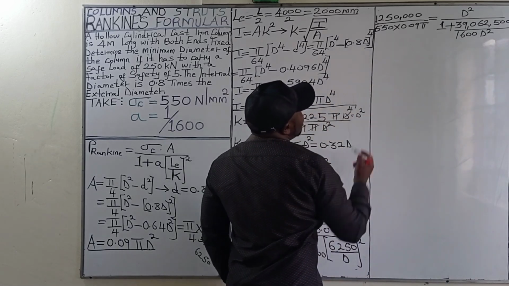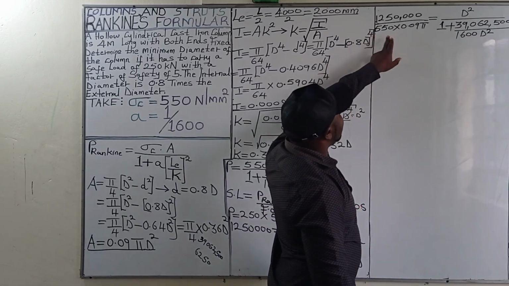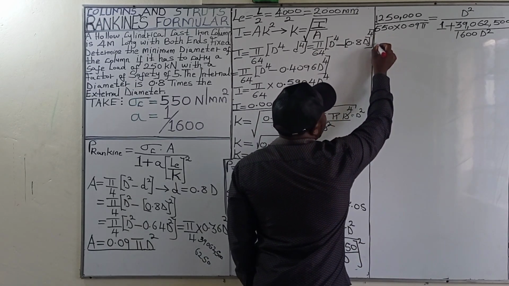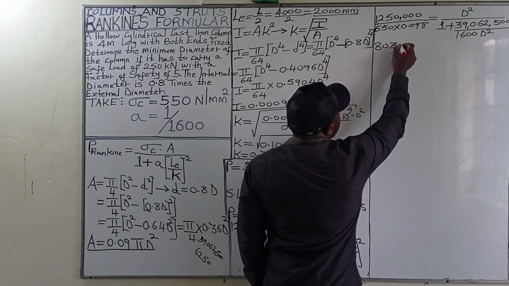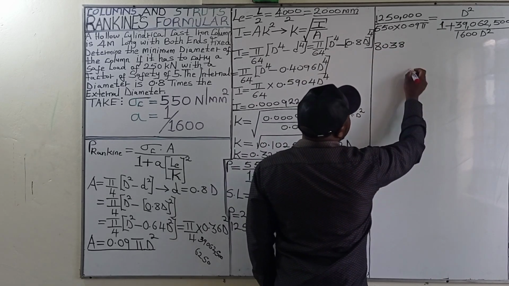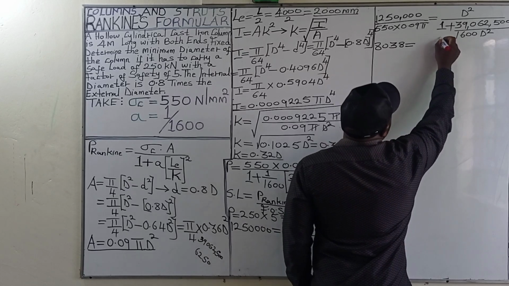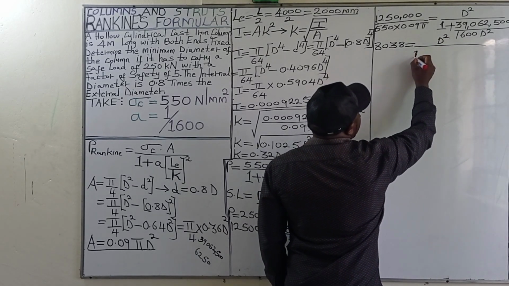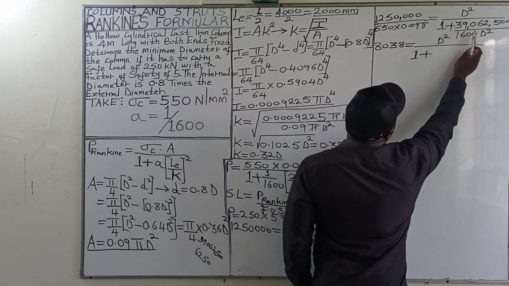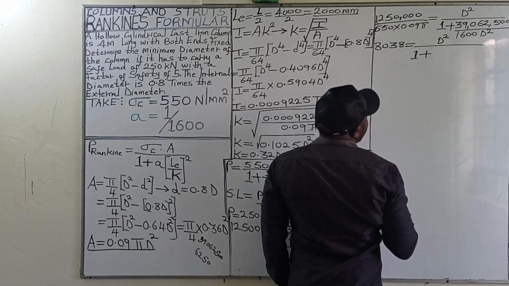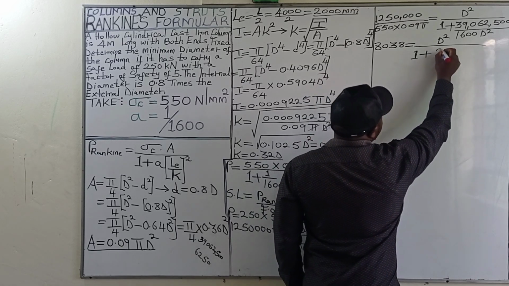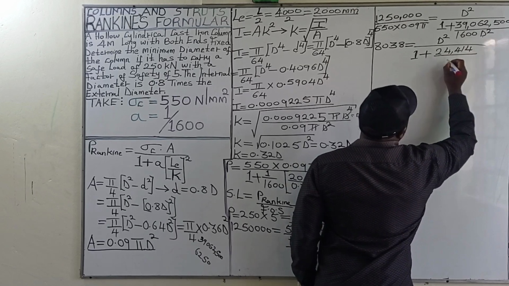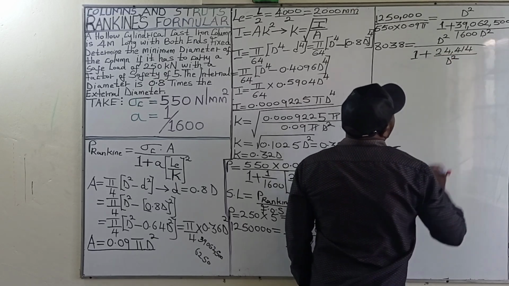So this will lead us to 1250,000 divided by 550 times 0.09 pi, that happens to be 8038. This will be equal to d squared all over 1 plus 39,062,500 divided by 1600, that happens to be 24,414. Then we are going to remain with this d squared.